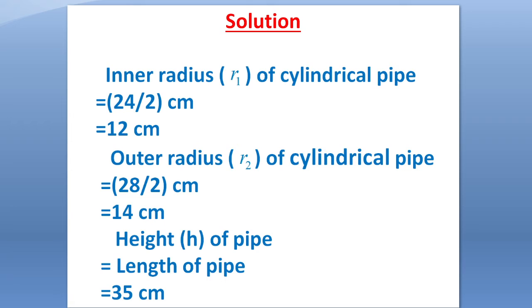So inner radius is 24 divided by 2, which is equal to 12 centimeter, and outer radius R2 of cylindrical pipe is equal to 28 by 2 centimeter, which is equal to 14 centimeter. Height of pipe, that means length of pipe, is given as 35 centimeter.